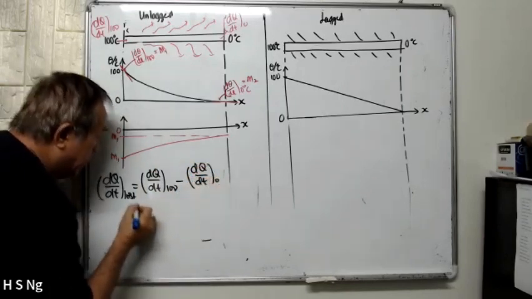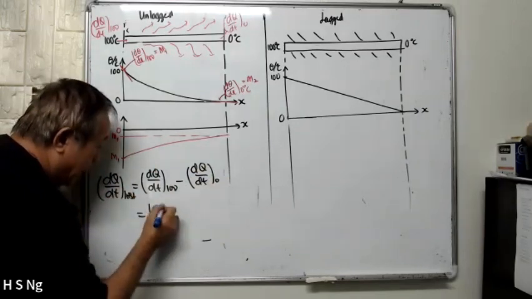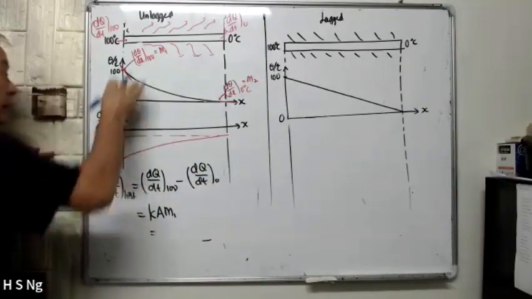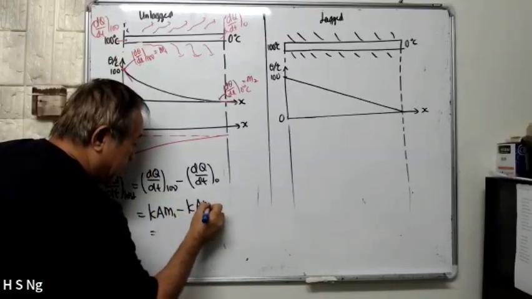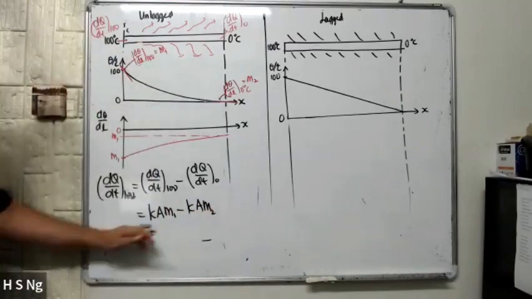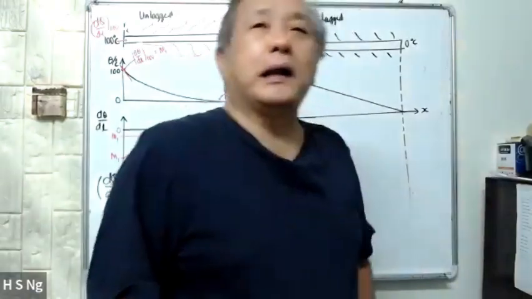You have to take K, A, M1, this gradient, minus K, A, M2. So this is the only calculation for the unlagged bar.